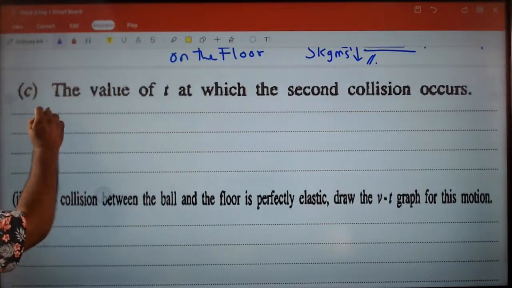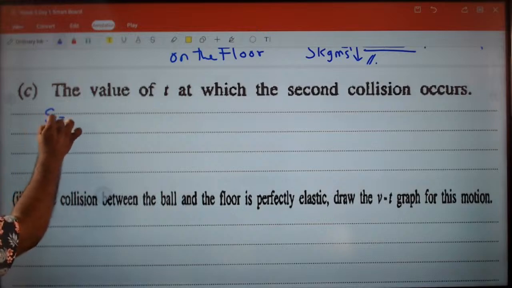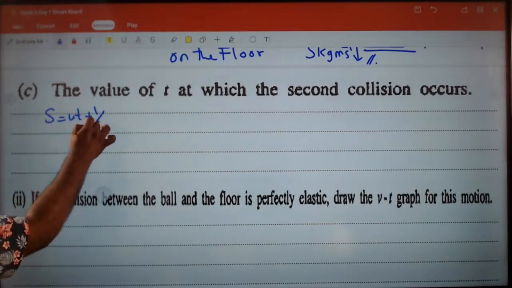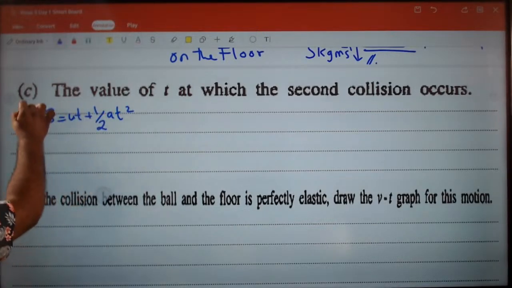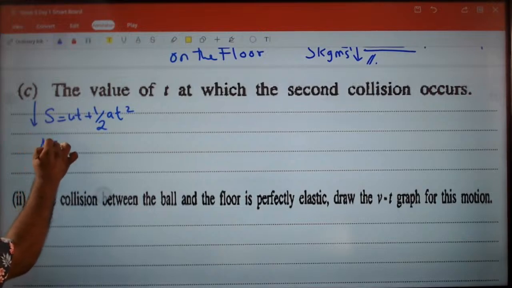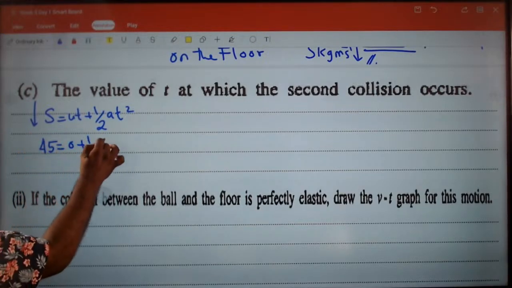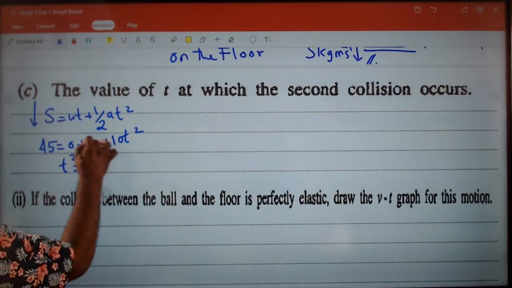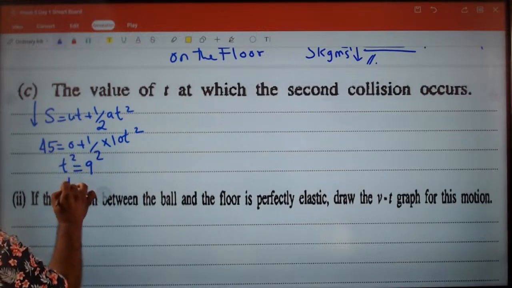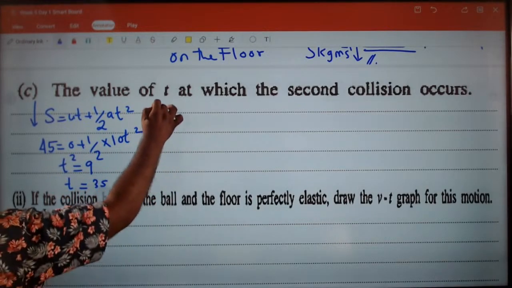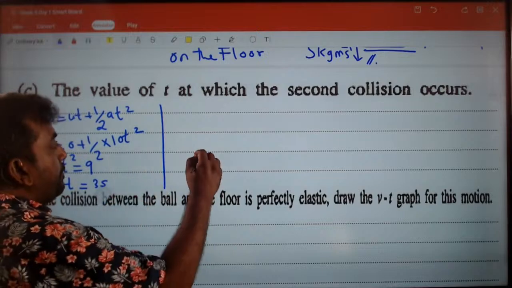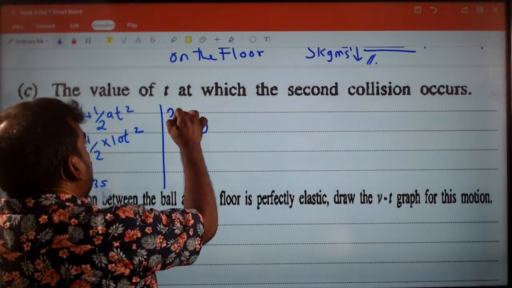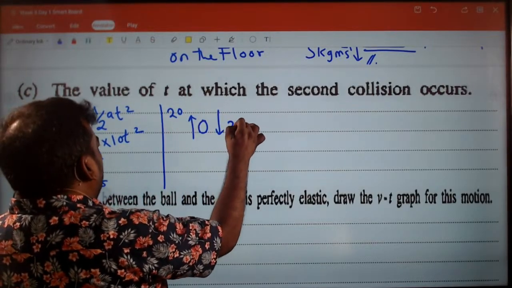S equals ut plus half at squared vertically downwards: 45 starting from rest, 10 t squared, t squared is 9, so t is 3 seconds in the first case. Then projecting with 20, it will come and collide also with 20.